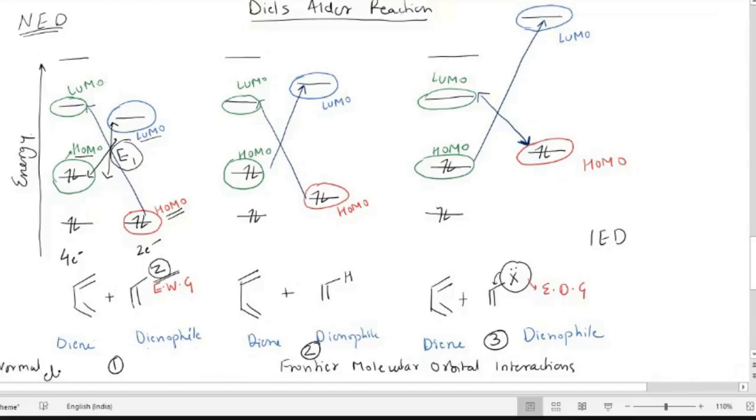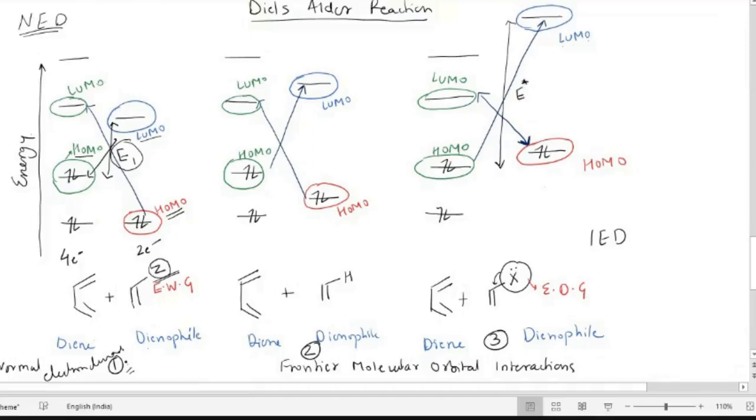Okay. Now I'm taking directly third case. Here the electron donating group on the dienophile, and if you see the HOMO-LUMO energy of dienophile, it is much higher than the case number 1. So if you see the HOMO of diene and LUMO of dienophile, the energy difference is very large as compared to the previous case.